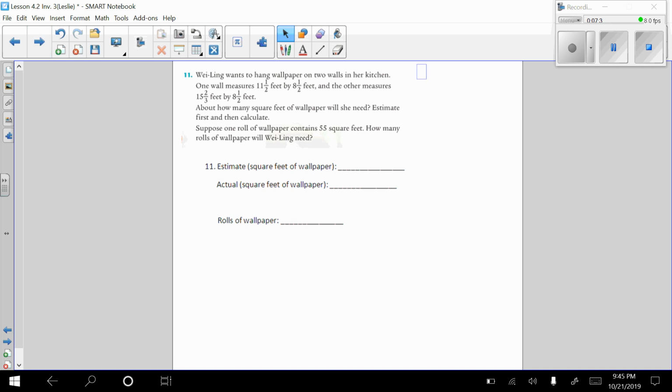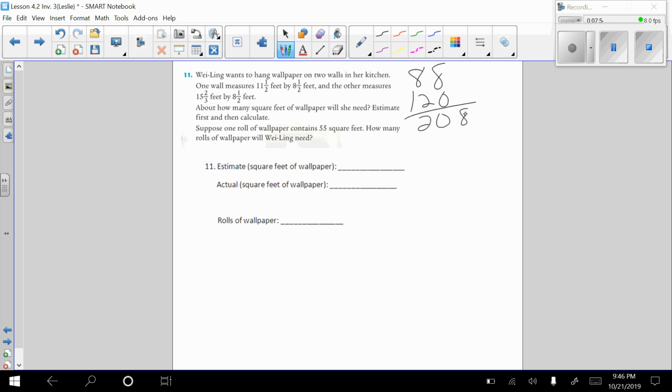That would give me 88 feet for the first wall. If I was going to look at the second wall, 15 2/3 and 8.5, if I just multiplied 15 by 8, I would be able to estimate that 15 times 8 is 120. If I add them up, my estimation I would say is 208 square feet I would need.